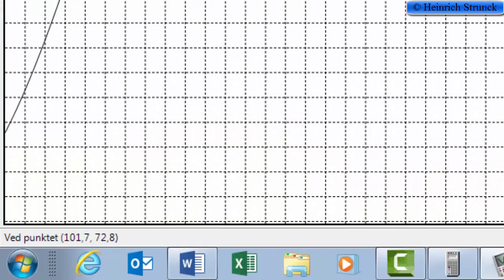So the value up here, we can see it has a phase shift of about 101.9 degrees, and a maximum value of 72.5 volts.